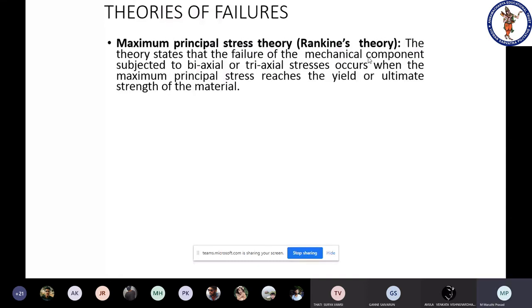Means whenever a load is acting, what is the stress induced, and what is the capacity of the material available. If you get these two, from the two we can simply say whether the failure has occurred or not. Simple thing. Here in my pocket I have 100 rupees. One product is 95 rupees, right?